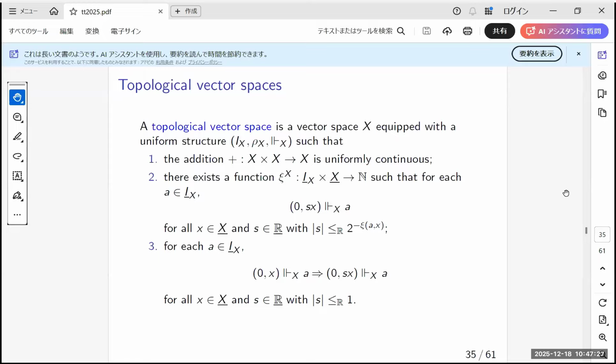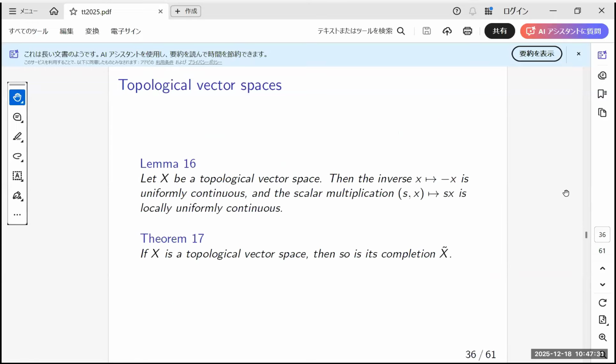As usual, this is the same as the classical definition. And let X be a topological vector space, then the inverse is uniformly continuous, and the scalar multiplication is locally uniformly continuous. And also, if X is a topological vector space, so is its completion.